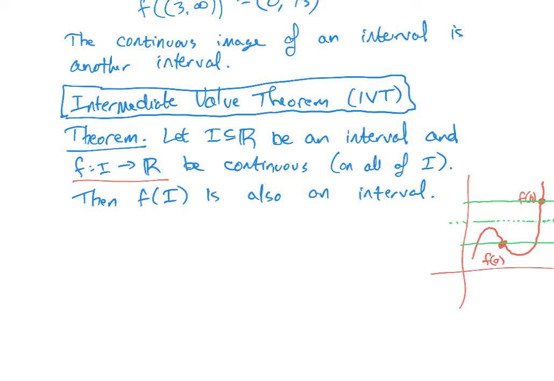Maybe I'll just figure it out looking at it. So the interval of values contains f of a and f of b. Oh, so it has to have the stuff in between. Okay, I got it now. I was thinking that the interval could be placed in some weird spot, but it doesn't matter. I should have drawn this interval over here on my picture. This interval has got to contain f of a and f of b.